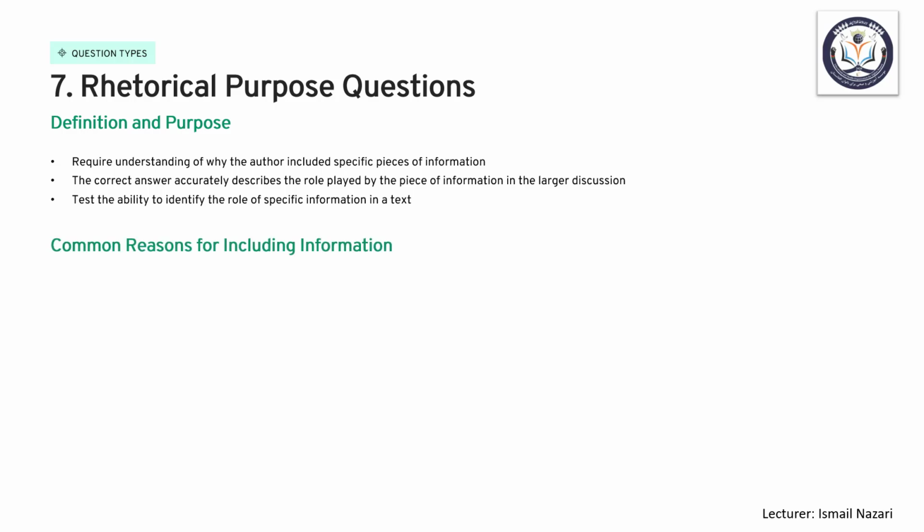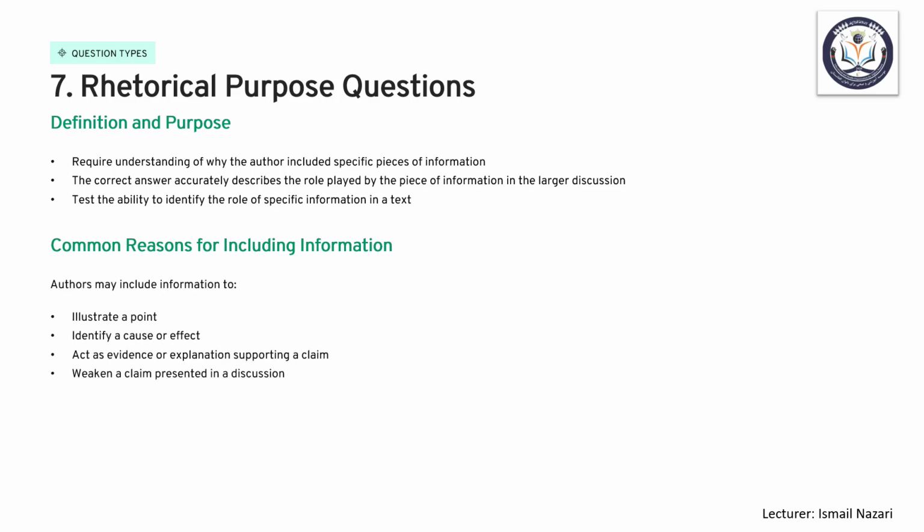Now, the common reasons for including information. It's common when we have a specific text that one sentence might serve a different purpose. So what could be the common reasons for including a specific point of information inside the passage?